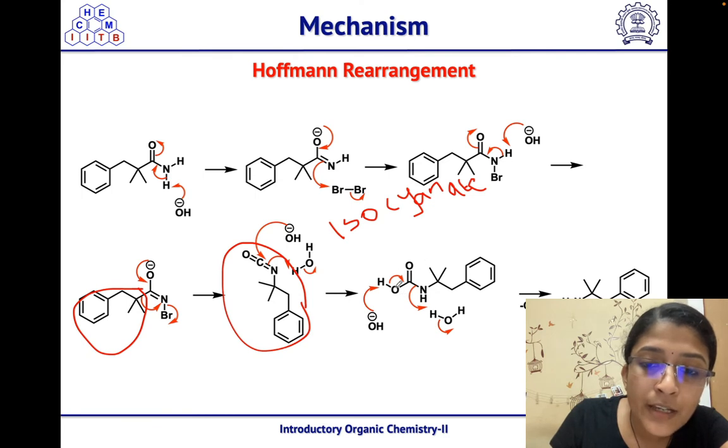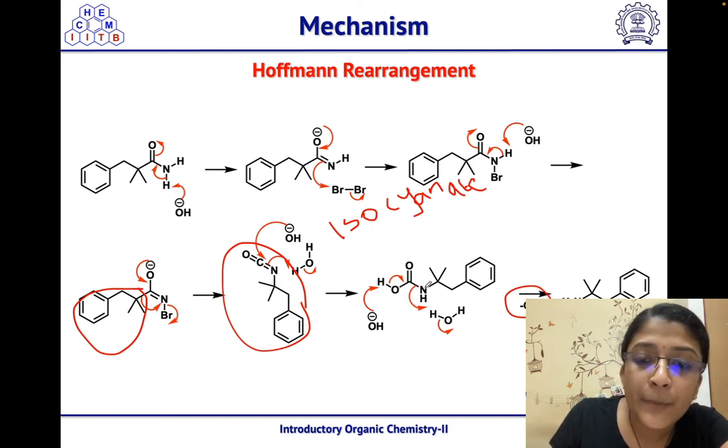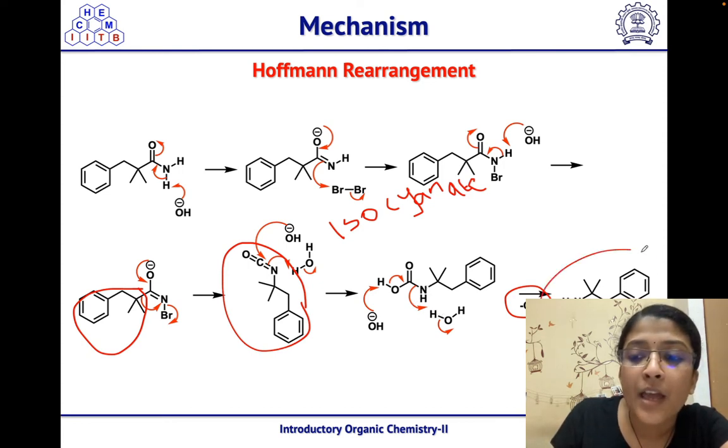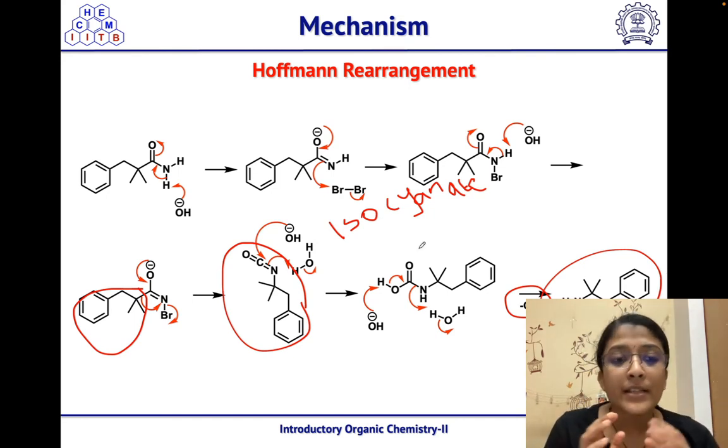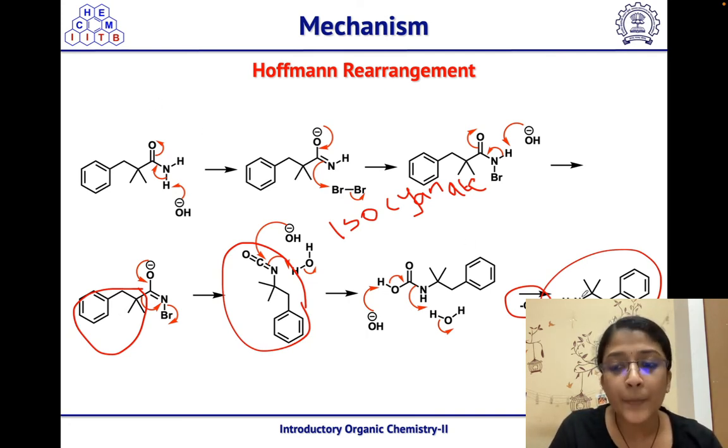So it is CO2, carbon dioxide, that will be removed and we will get an amine. This N minus will abstract a proton from water and we will get the amine, which is the final product.